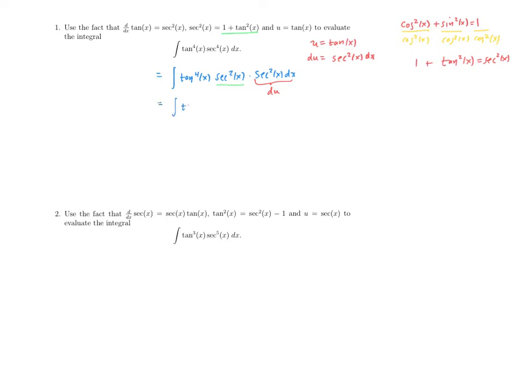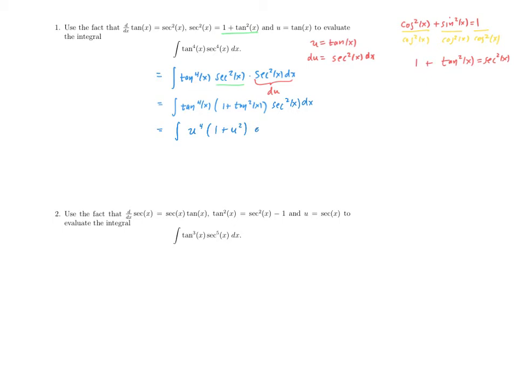So rewriting, we have tangent to the fourth times 1 plus tangent squared times secant squared x dx. So putting everything now in terms of u's, the tangent to the fourth is u to the fourth. Tangent squared is u squared.